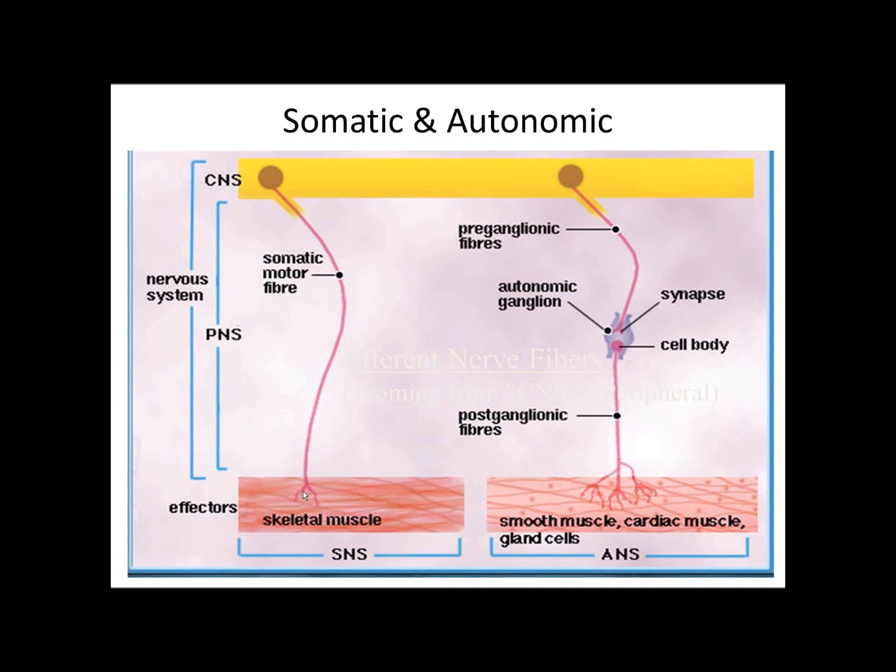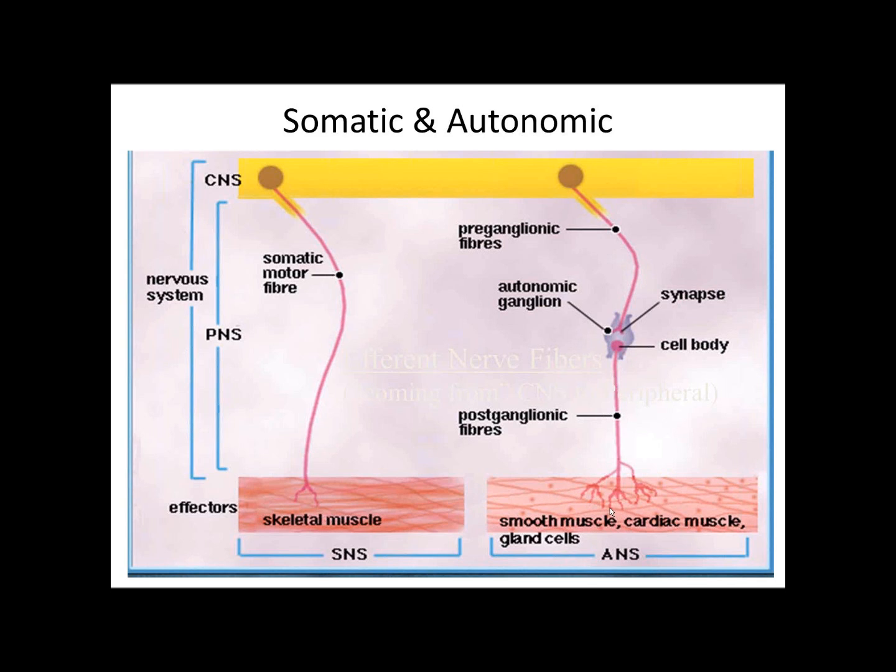Now, some of these fibers are quite long, a meter long in some cases, and so that's a pretty long fiber. The autonomic nervous system fibers generally synapse in various autonomic ganglia, and we have the preganglionic fibers and the postganglionic fibers, and these terminate in smooth muscles, cardiac muscles, and gland cells.